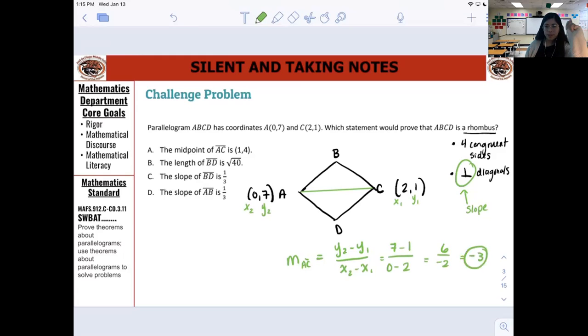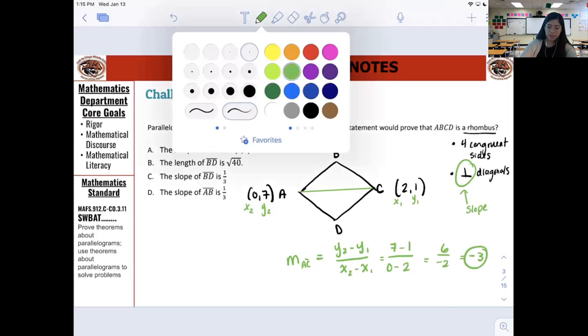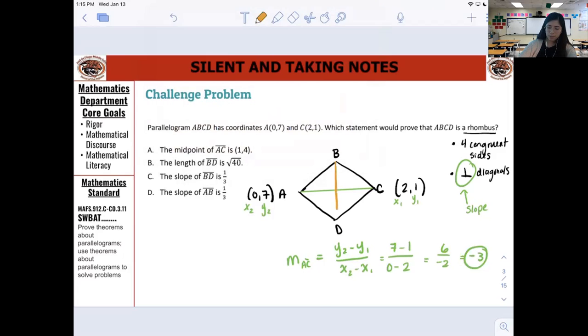Now, if this is a rhombus, what has to be the slope of BD? Wait, Miss, what did you say? I said that if this is a rhombus, what has to be the slope of BD? 1/3. How did you get that?